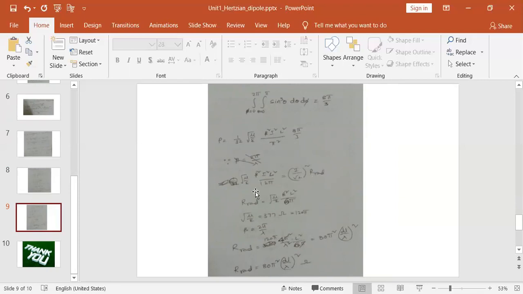If you simplify this by substituting root mu by epsilon for free space as 377 ohms, and the phase constant beta is equal to 2 pi by lambda, and substitute all the values, we'll get the radiation resistance as 80 pi square (dl by lambda) whole square ohms.